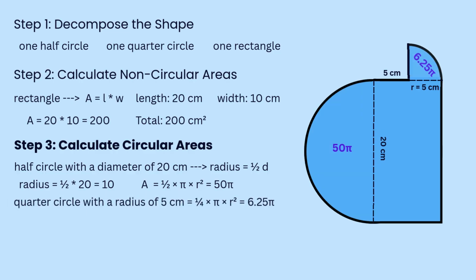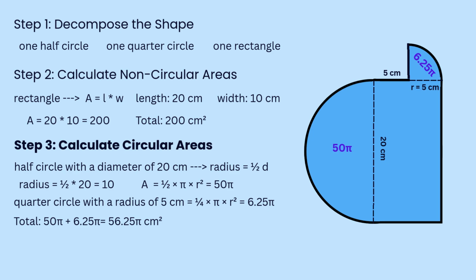The quarter circle has a radius of 5 centimeters. That comes directly from the diagram. The area of the quarter circle is 1/4 times pi times the radius squared, which is equal to 6.25 pi centimeters squared. Combine the 2 circular areas together. 50 pi plus 6.25 pi gives us 56.25 pi centimeters squared, and that is the total area of the circle parts.